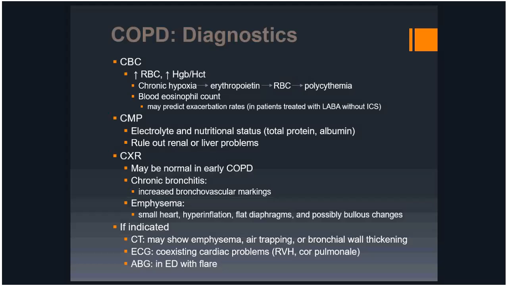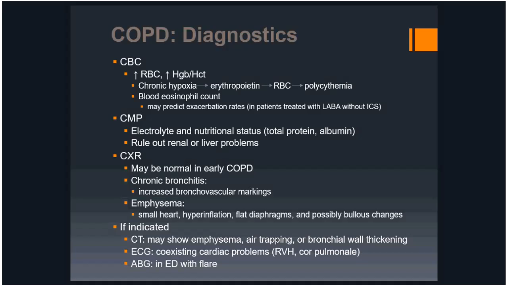So you're going to have additional red blood cell production and polycythemia. Their blood eosinophil count may be elevated, which may give you an indication about exacerbation rates. And this would be in patients treated with a LABA without an inhaled corticosteroid.